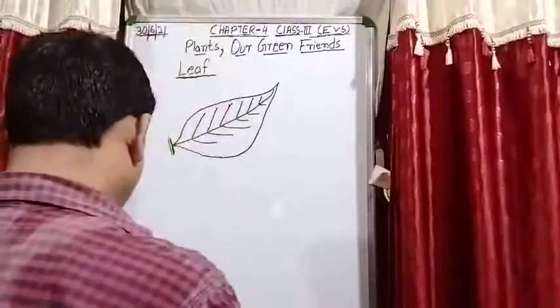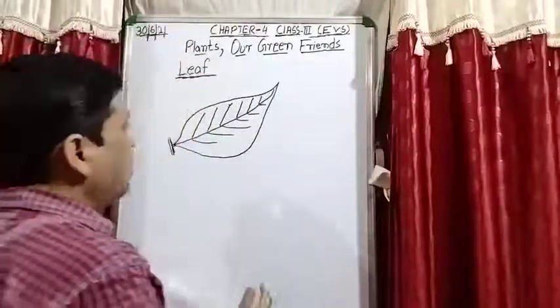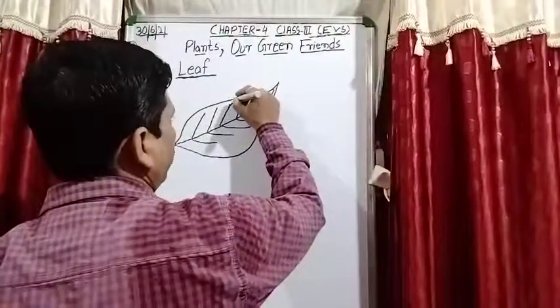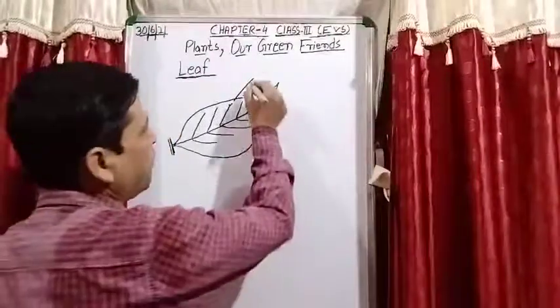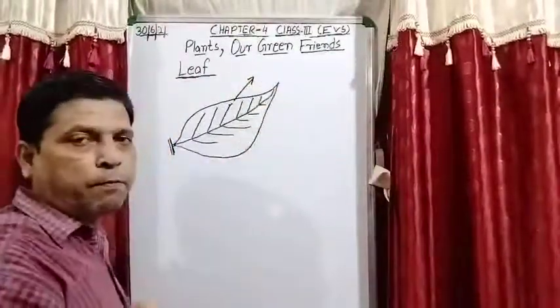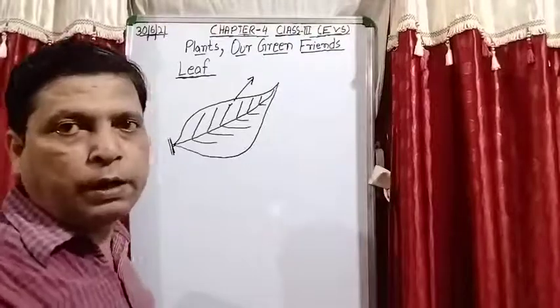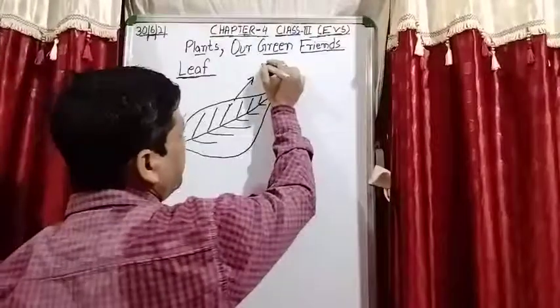Now see the most important thing. Now see this flat, this thin flat broad part of the leaf we say as leaf blade.